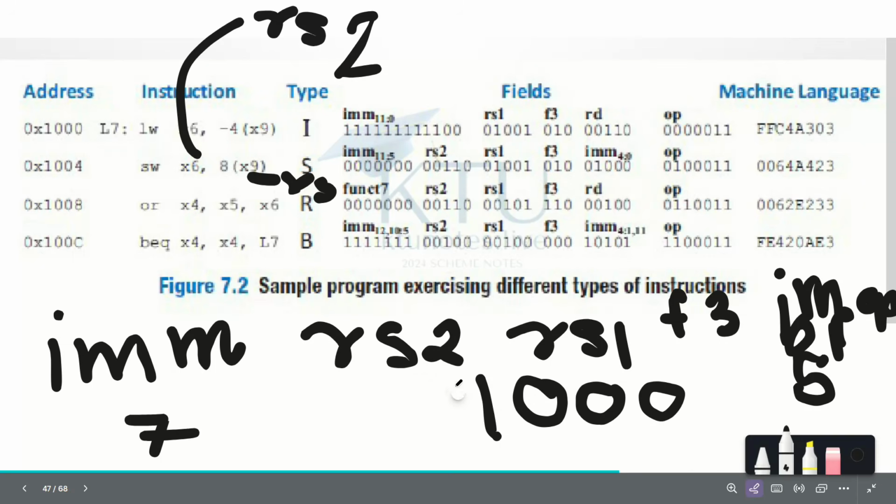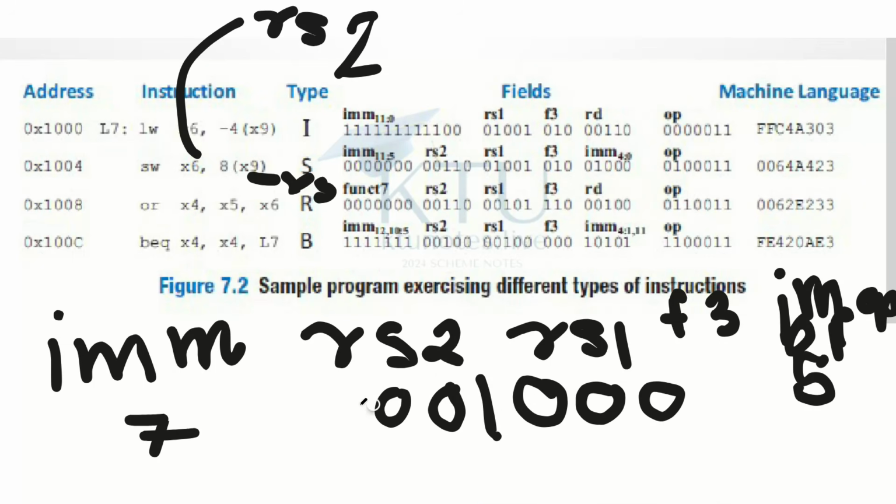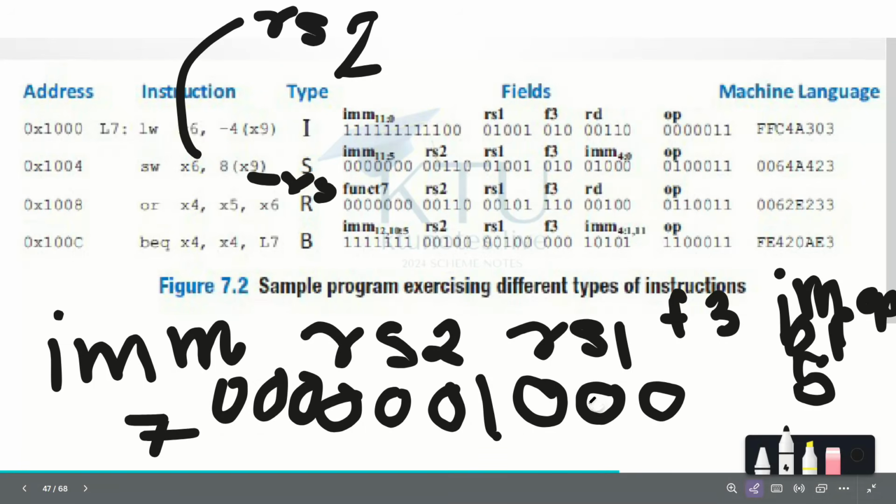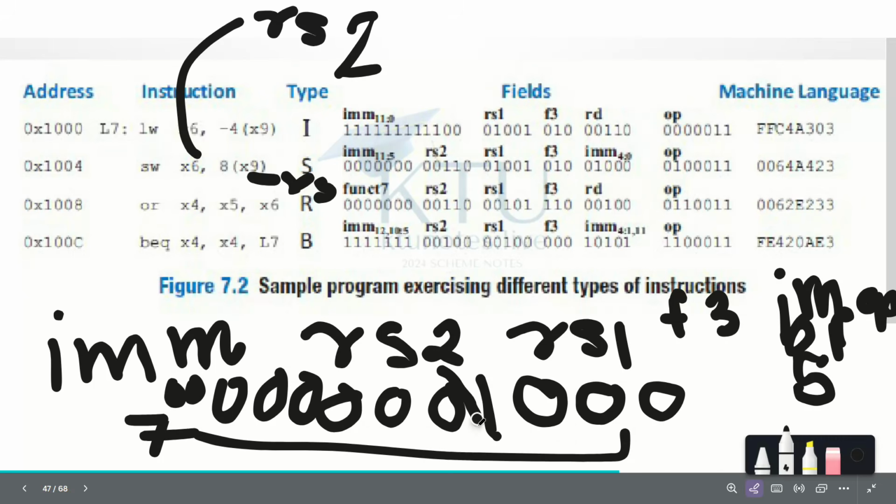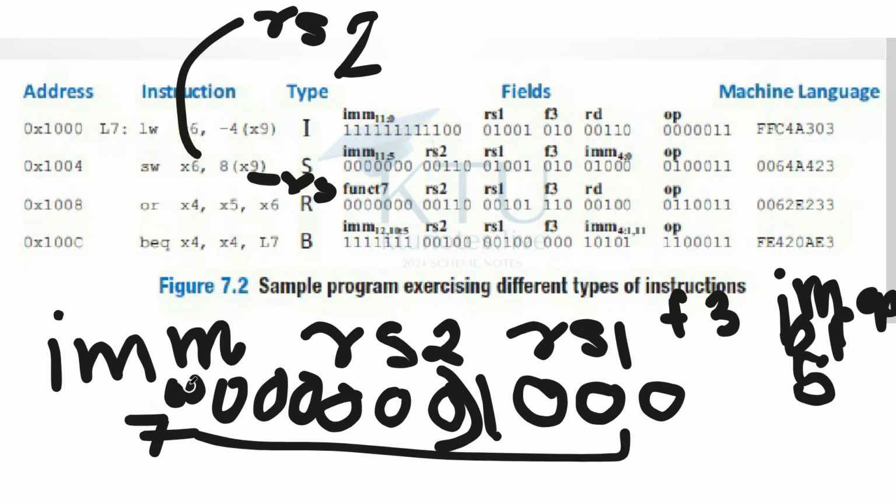Then since I want to write it in 12 bits, we have to write some more zeros. In here, these are the first 7 bits. These first 7 bits are stored in here, and the later 5 bits are stored here.